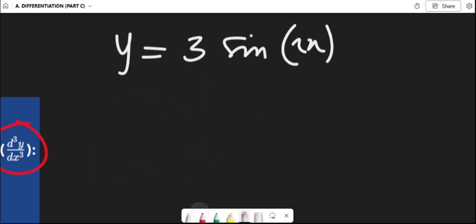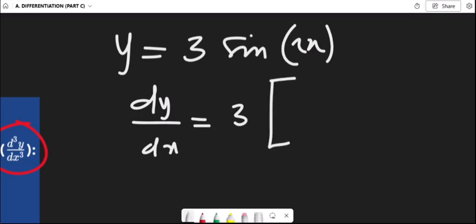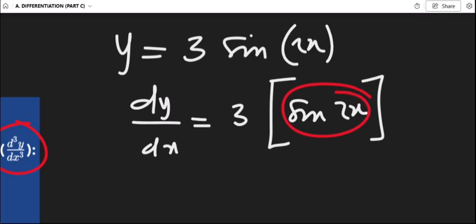Like I tell you, the first thing we need to do is to find the first derivative, meaning dy over dx. When you look at it very closely, you see that this is actually chain rule, and I've taught you a shortcut with which we can use chain rule. So in this case, let's bring out the 3 outside, and let's just sine 2x. So at this area of the box, we can use chain rule to solve it.